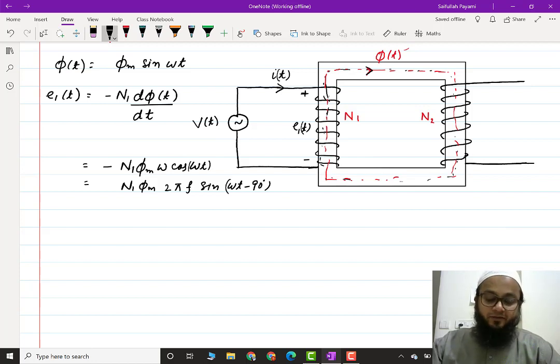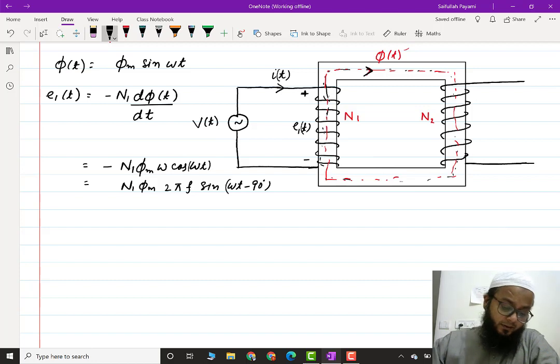Based on that, we have seen that if current is increasing in this direction, or if the flux is increasing in this direction, it will have plus polarity here and negative here. We already discussed this in one of the previous lectures.